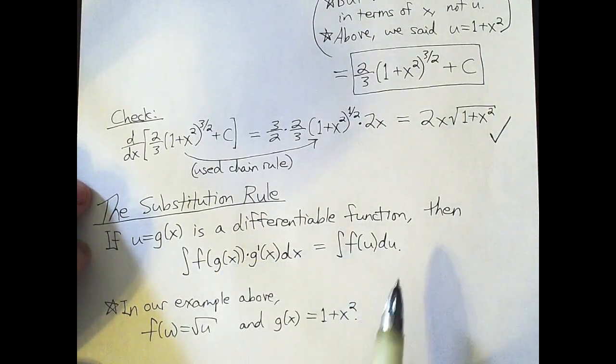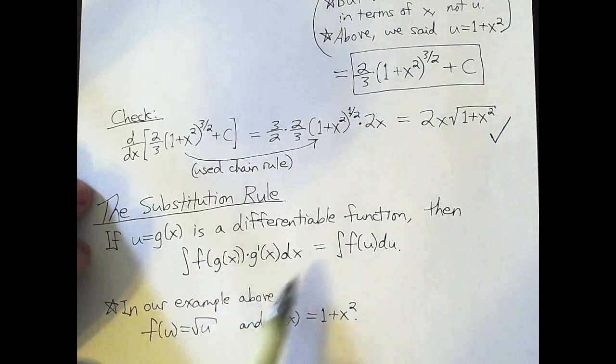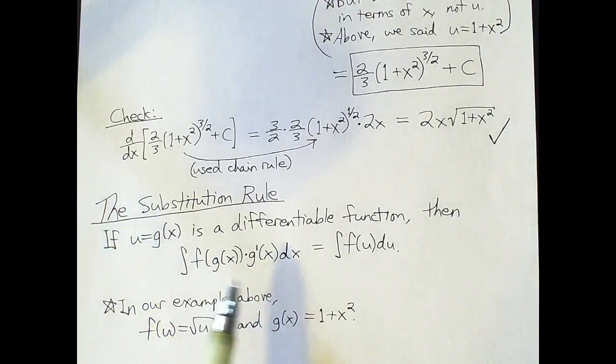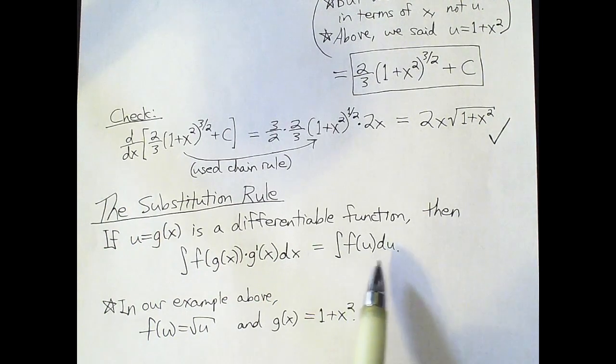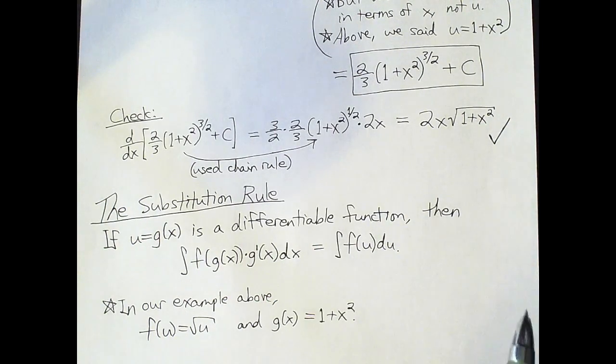And then if you put this all together, you'll see that the left-hand side is a complicated integral in terms of x, and we turn it into a simple integral in terms of u. And that's what we did. And I'm saying that, in a sense, the substitution rule is a little bit like the inverse of the chain rule.